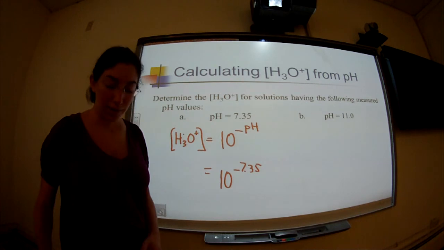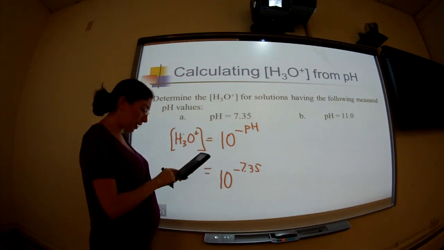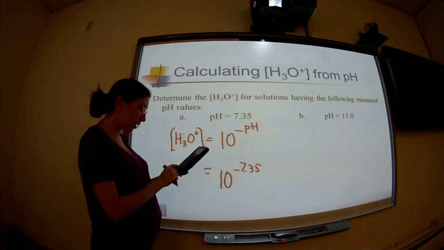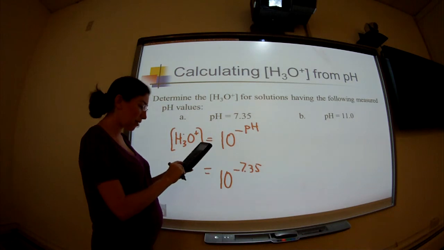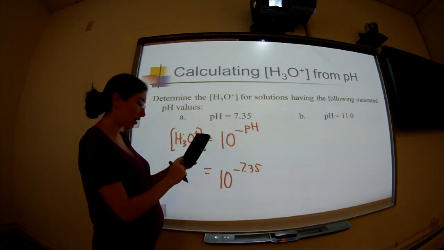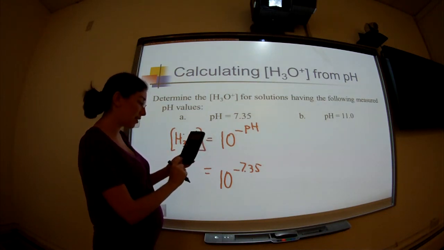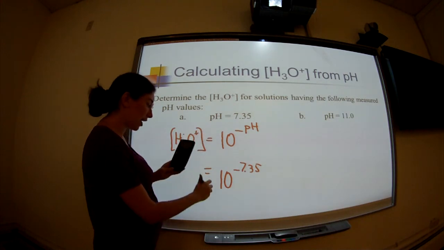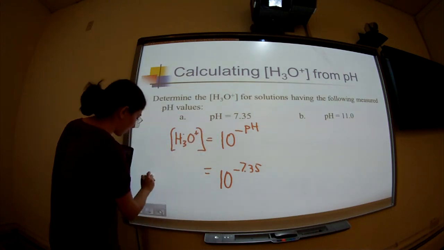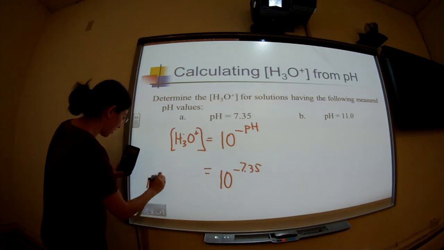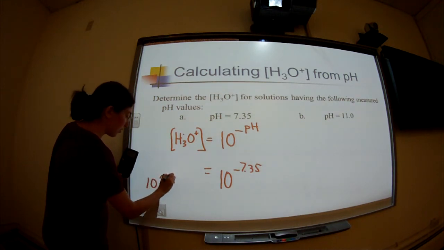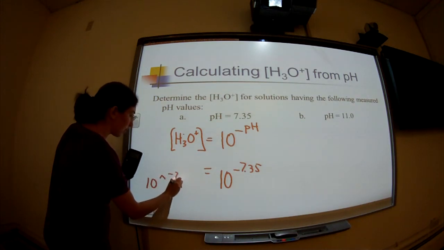So we plug that into our calculator. There are two ways to do this on my calculator. I can either type in 10 and then that little caret symbol, negative 7.35.